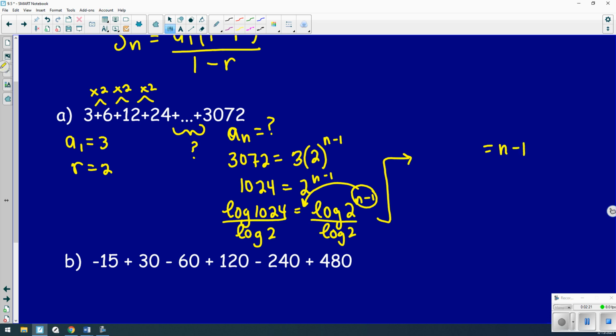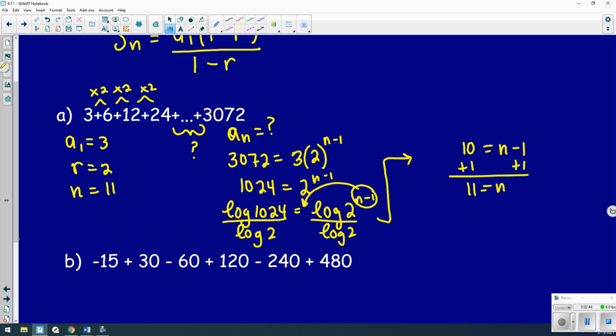I'm just going to type into my own personal calculator log of 1024 divided by log 2, and that gives me 10. And then if I add 1, n is equal to 11.